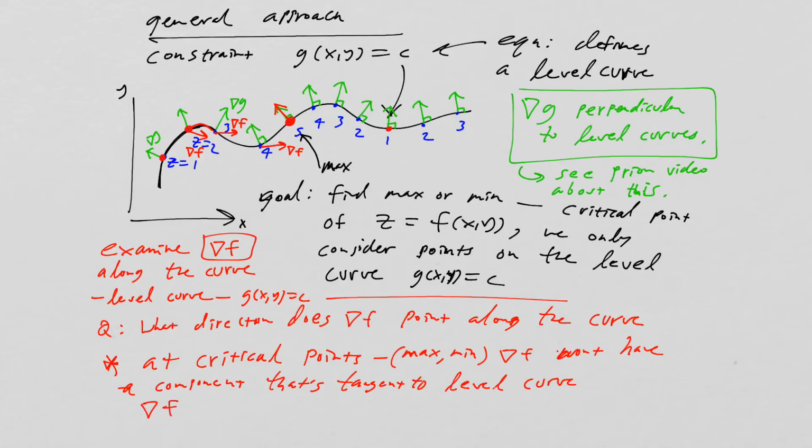Instead, what we find is grad F must be collinear with grad G. What that means, of course, is that grad G is proportional to grad F by some constant.